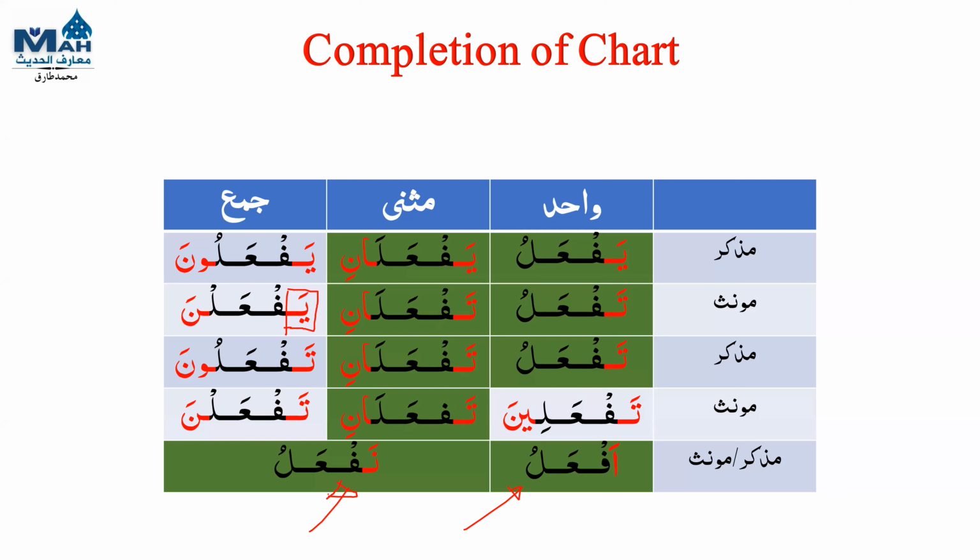Excellent. I will give you 5 minutes. All the students, please write this chart, because according to this chart, we will make sentences. Please write it down. I'll give you 2 or 3 minutes.